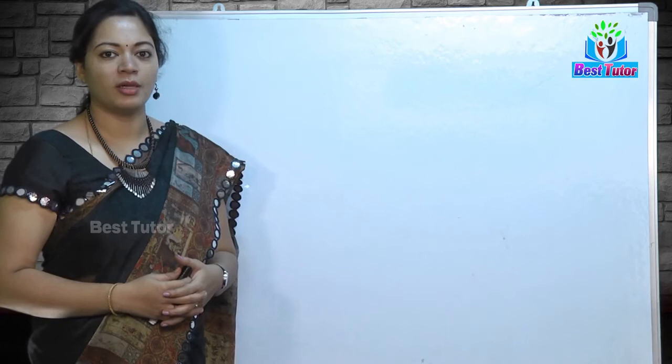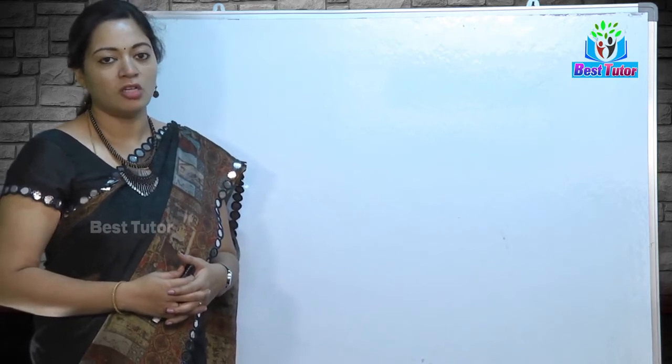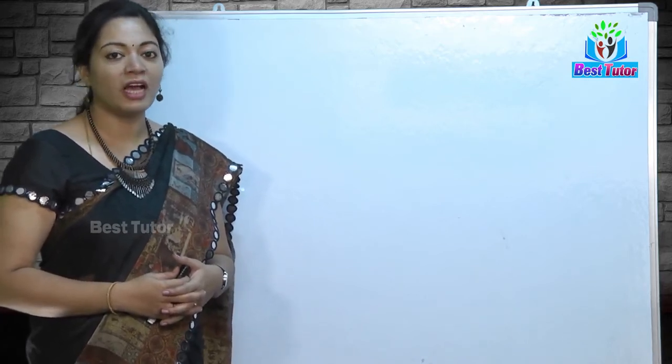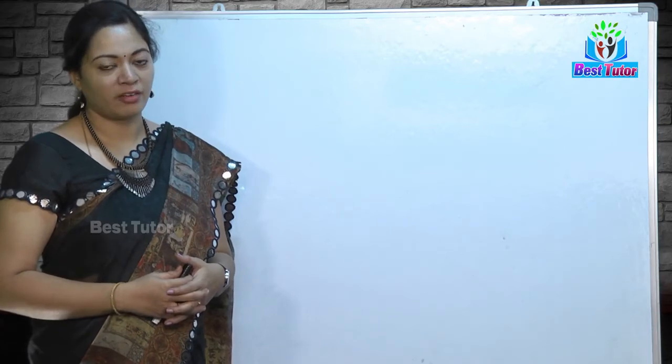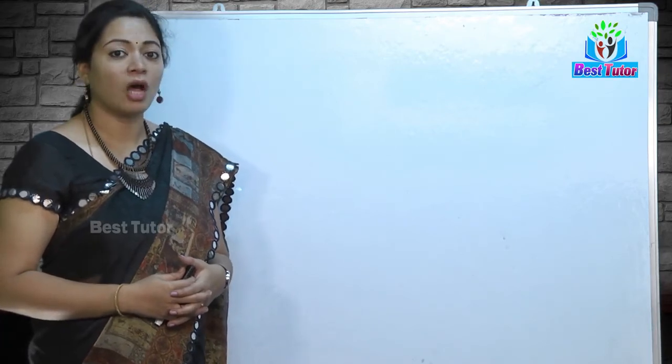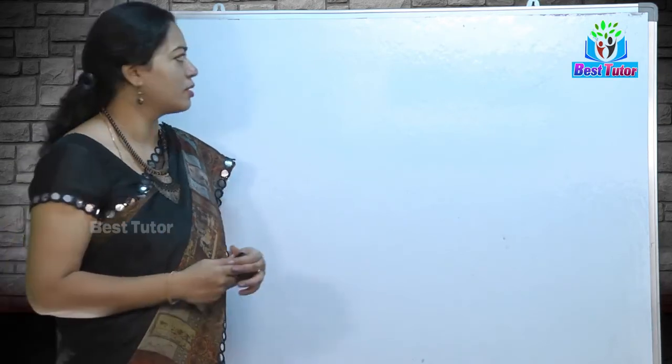Today we are going to learn about the process of pollination. In our previous videos we have learnt what is pollen grain, and now we are going to discuss how they help in the pollination process.